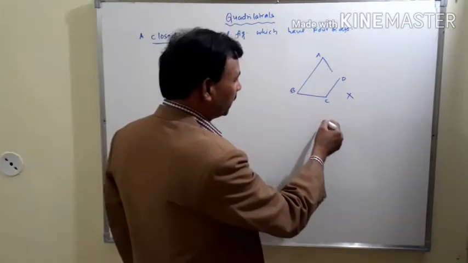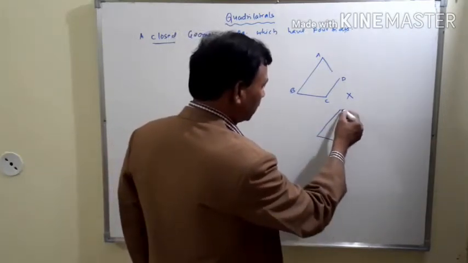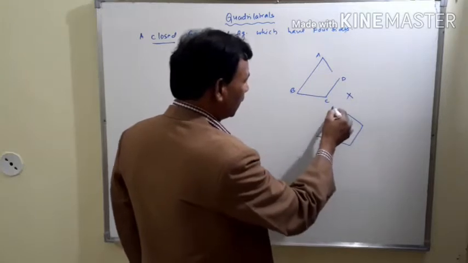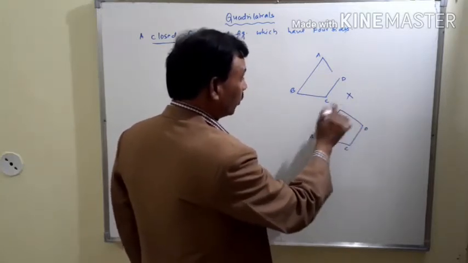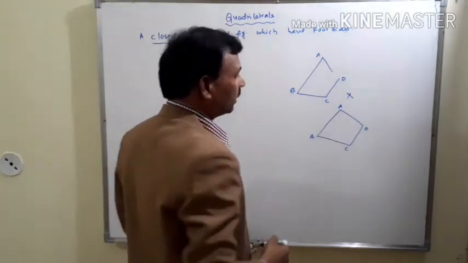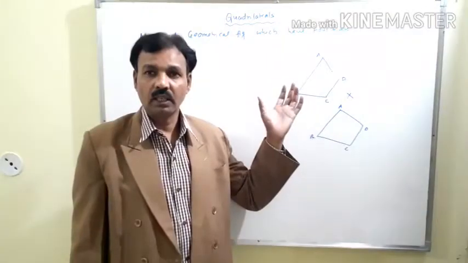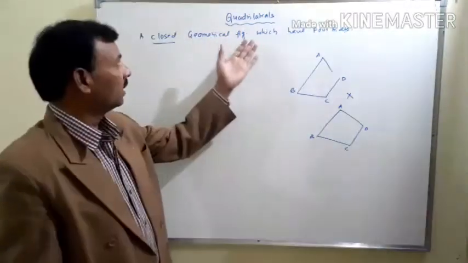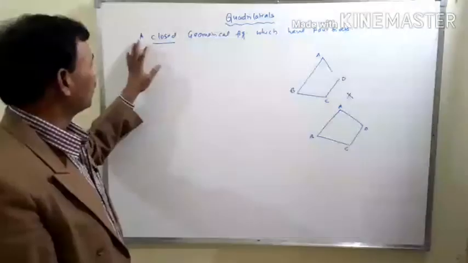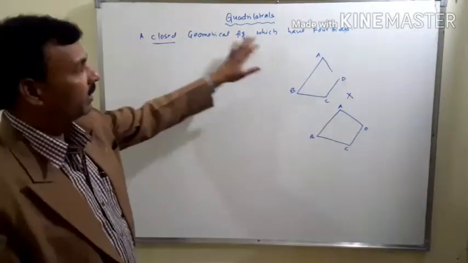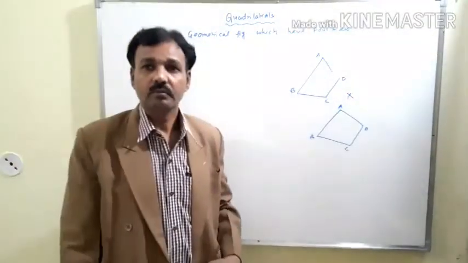But if we join it and close it like this, then ABCD is a closed figure, and this is known as a quadrilateral. So in this definition, the word closed is very important. A closed geometrical figure which has four sides is known as a quadrilateral.